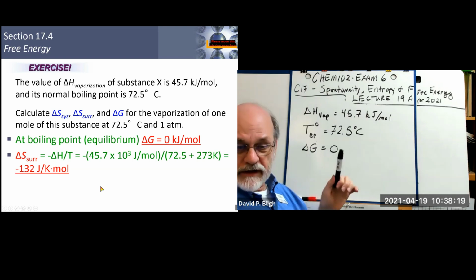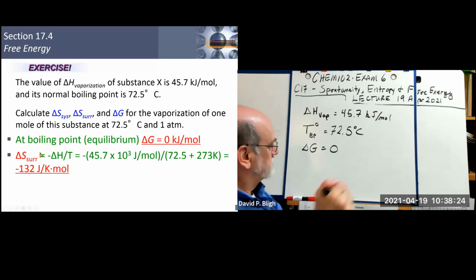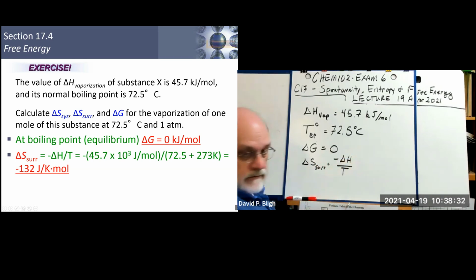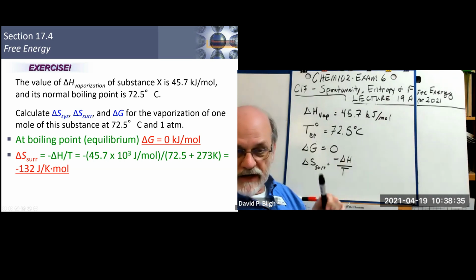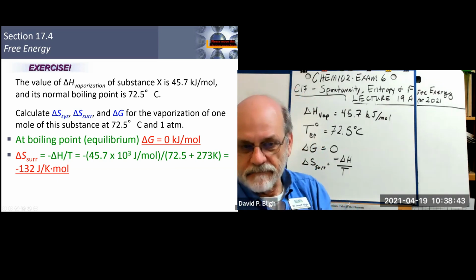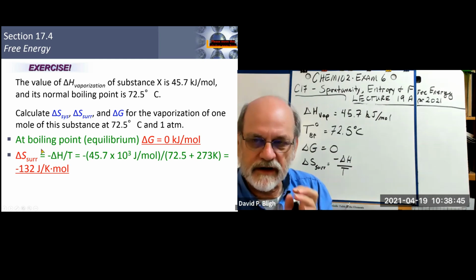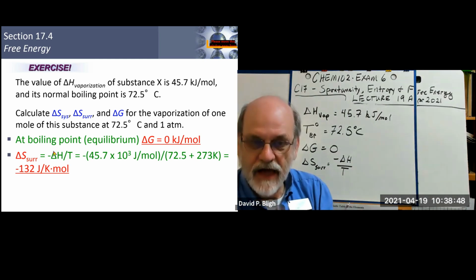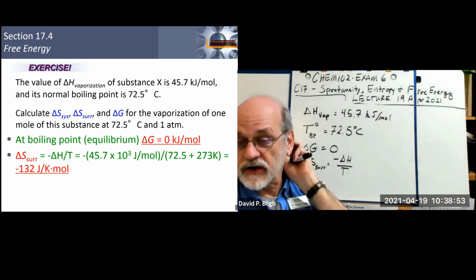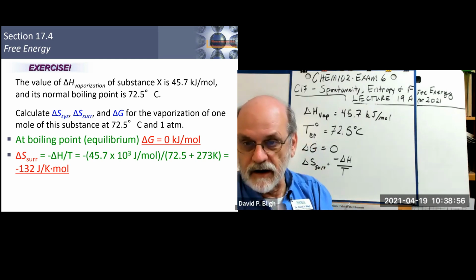So under those conditions, the delta S for the surroundings equals what? Well, the delta S for the surroundings is equal to minus delta H divided by T. Right? And that's what we've done here. We say minus this value, and remember, you got to have the same units. And delta S is always reported in the literature or in reference manuals as joules per K. Whereas many of the delta H calculations or reported data are in kilojoules.